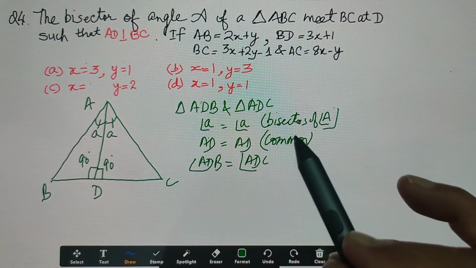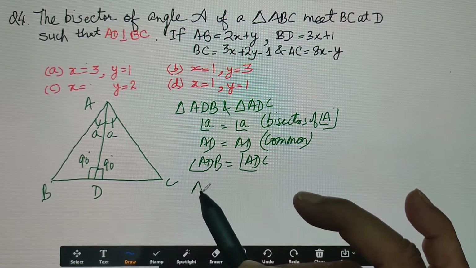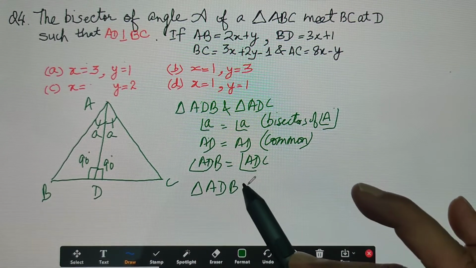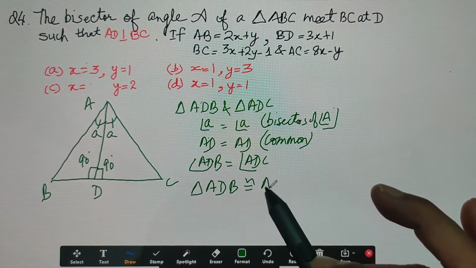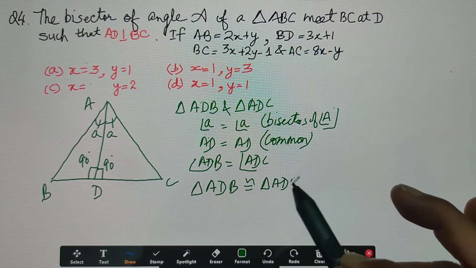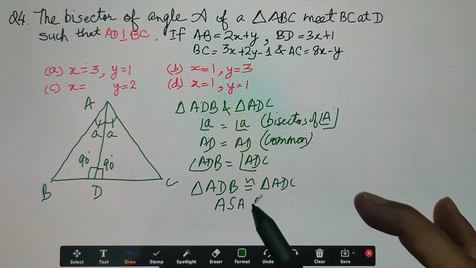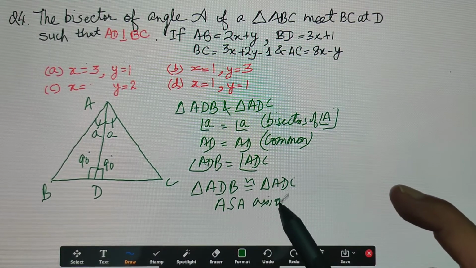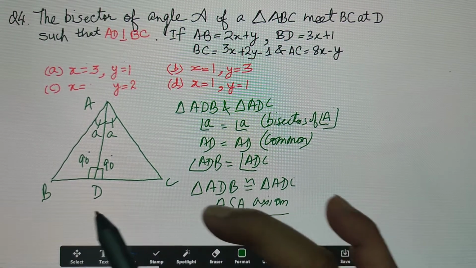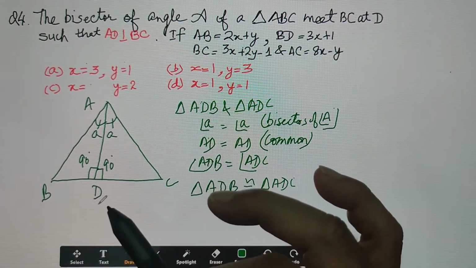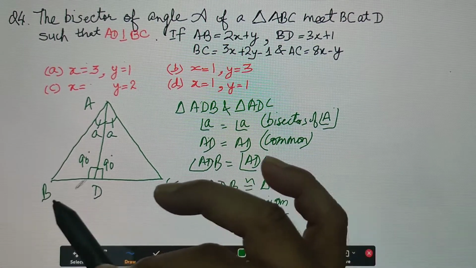So what can we conclude from this? We can conclude that the triangle ADB is congruent to triangle ADC, and that is by the angle side angle axiom of congruency. Now what happens? D becomes the midpoint of BC, that is by CPCT.